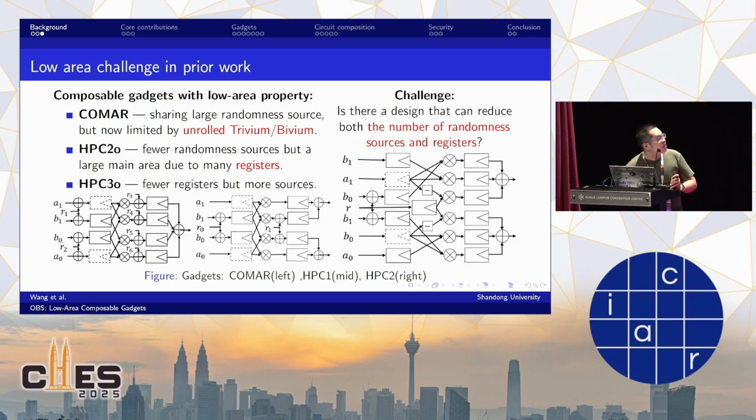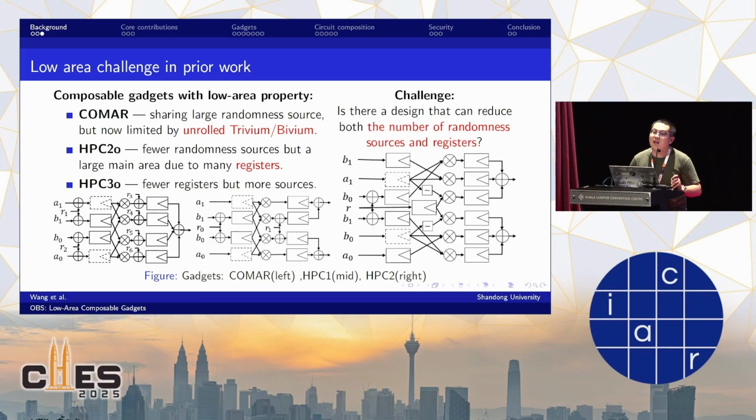The HPC2 option uses fewer randomness sources, but incurs a large area due to many registers. HPC3 is another gadget. It reduces the register count, which saves area, but requires more randomness.